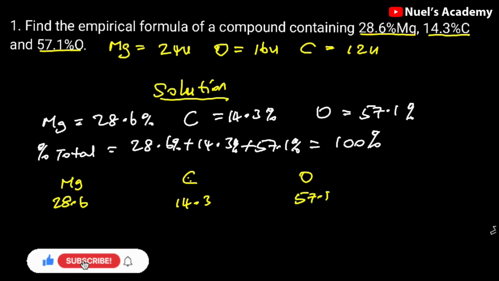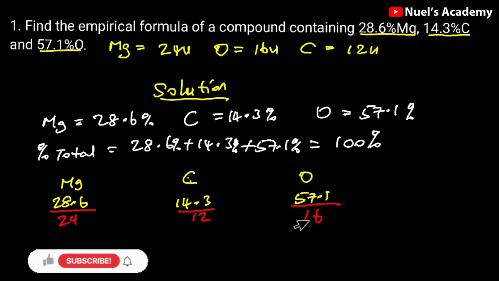The next step is to divide each of these percentages by the atomic mass of its element. For magnesium, the atomic mass is 24, so we divide 28.6 by 24. We divide 14.3, which is for carbon, by 12, and then divide 57.1 of oxygen by 16.